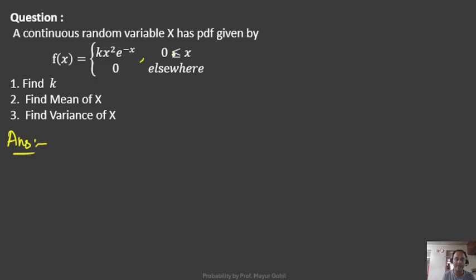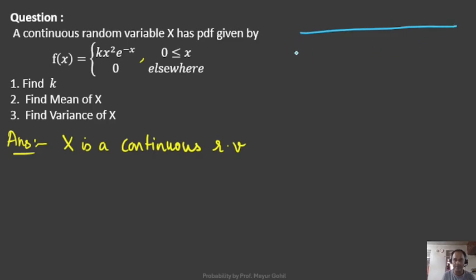First of all, what we are given is that x is a continuous random variable. So we write down that information. Now, on the number line from minus infinity to infinity, if we put 0 over here, the PDF is well defined for 0 to infinity, because the upper limit of x is not given, which means the limit is infinity.